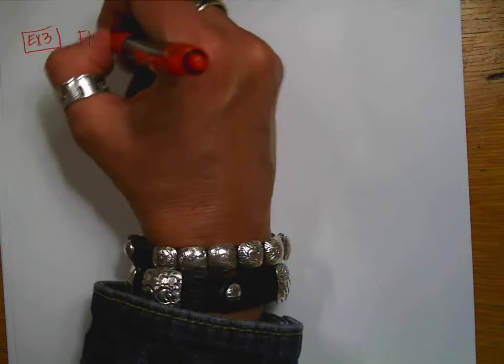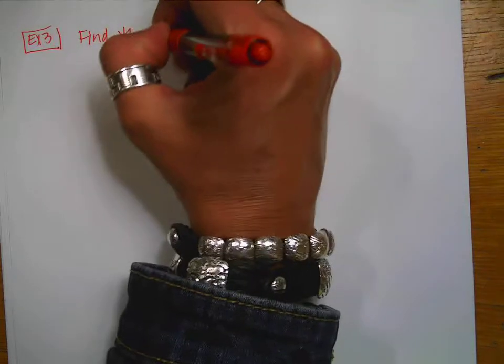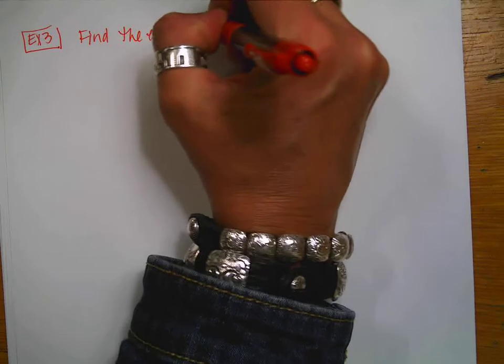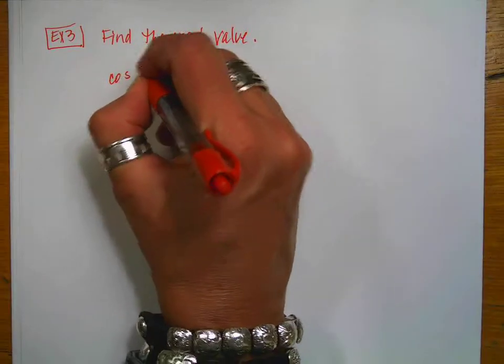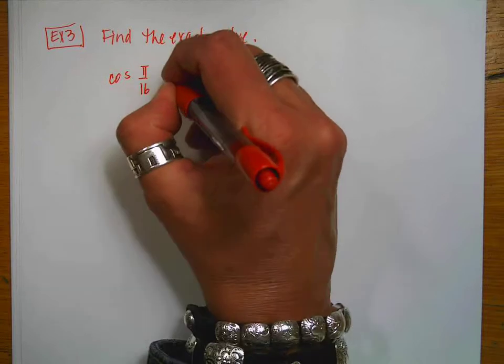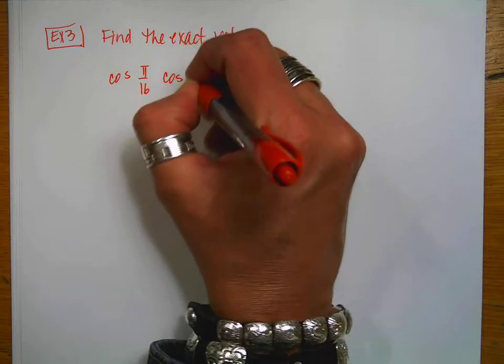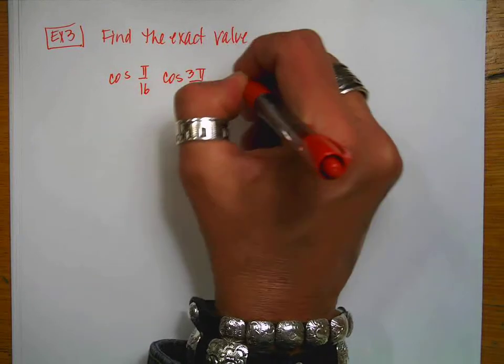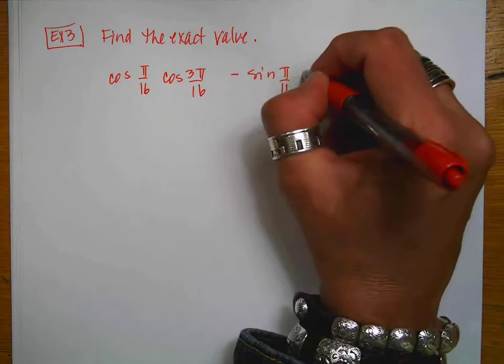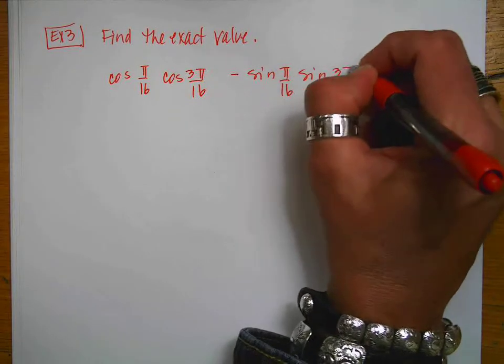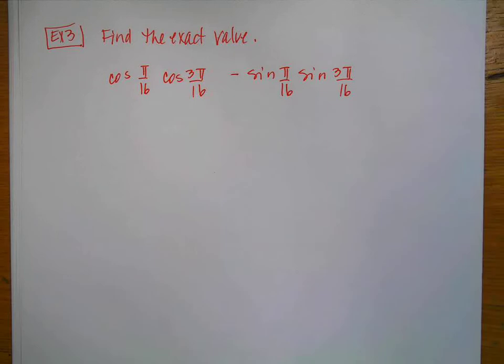All right, example number 3. I want to find the exact value, and I'm going to have the cosine of pi over 16 times the cosine of 3 pi over 16 minus the sine of pi over 16 and the sine of 3 pi over 16.